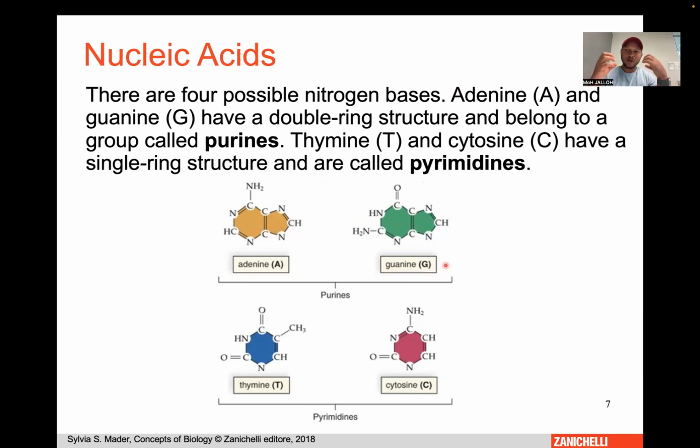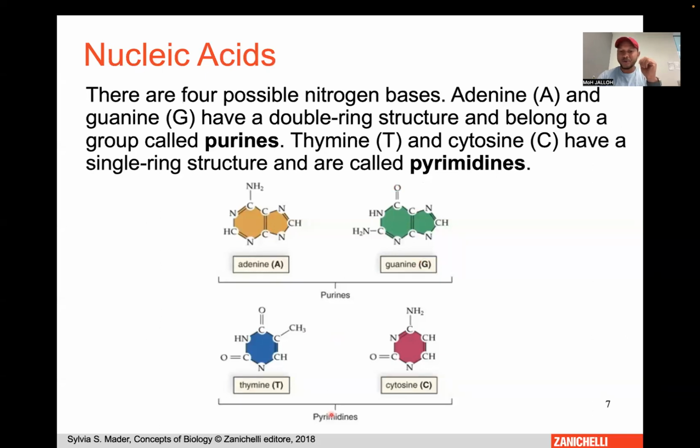One smart way to remember them is that the purines have double rings: the small baby ring and the larger one. The difference between adenine and guanine is that adenine has an amino group, whereas guanine has a carboxyl group at this point. That's also something you try to remember.